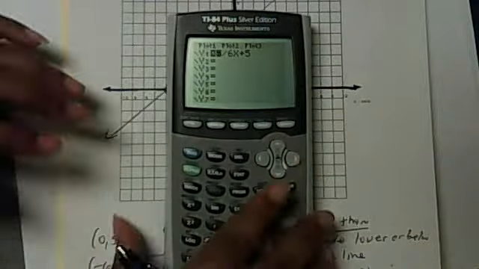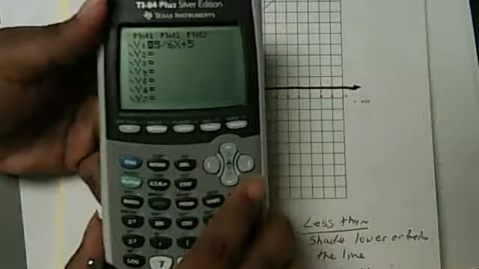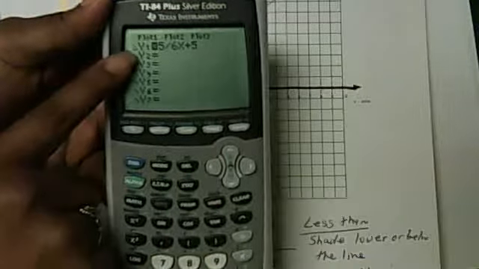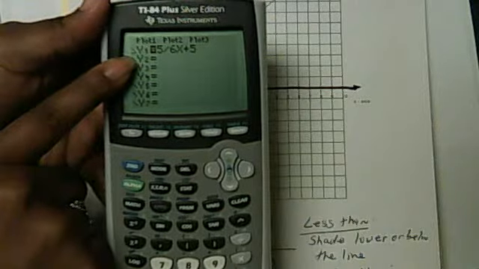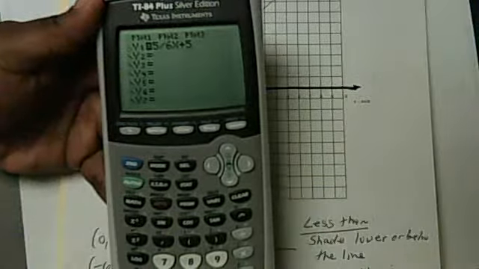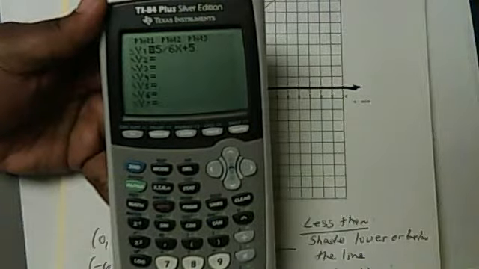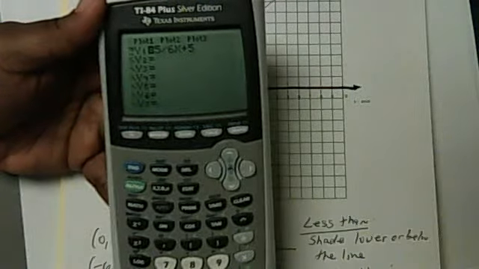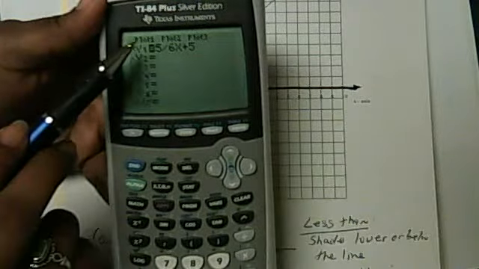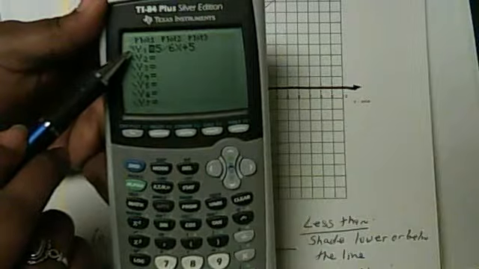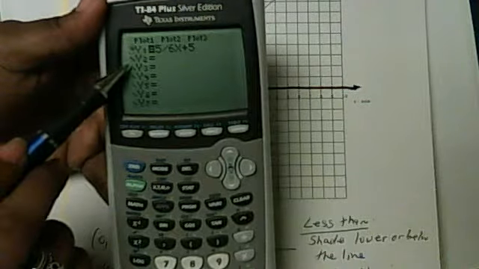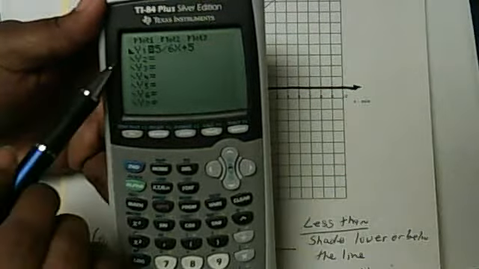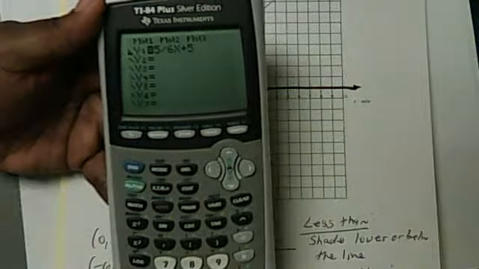You would go to y equals, and then you would go over to right in front of the y1. As you hit enter, you'll see that little slash change. First one is some darker slash. Now that one right here is showing an above the line shaded. If you hit enter again, you'll see below the line shaded.